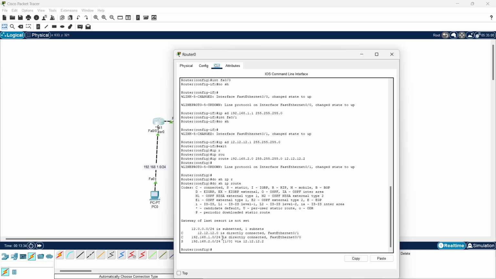So we have to configure the static route that makes the routers and the clients able to connect. So we're going to configure the static route. We go to the first router.